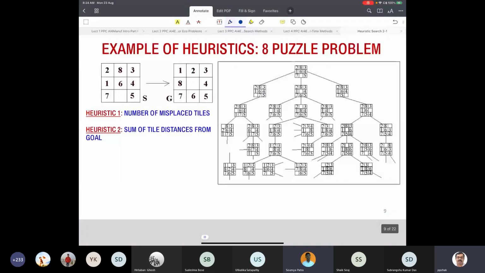So let us see some possible heuristic functions. This is back to the sliding puzzle problem, where we are given a start configuration and a goal configuration.